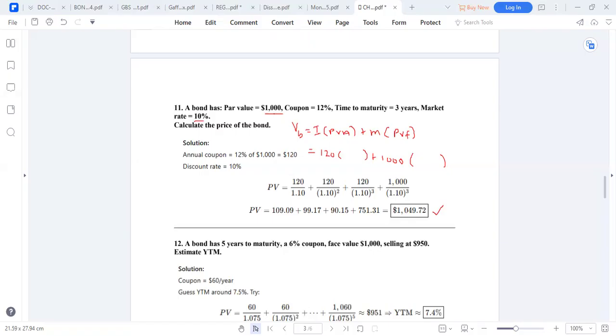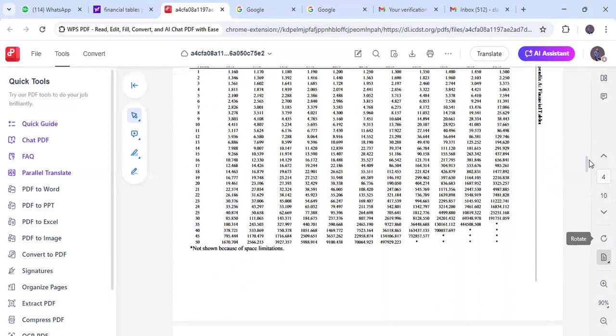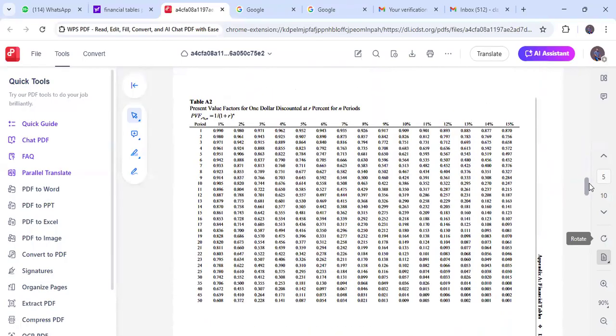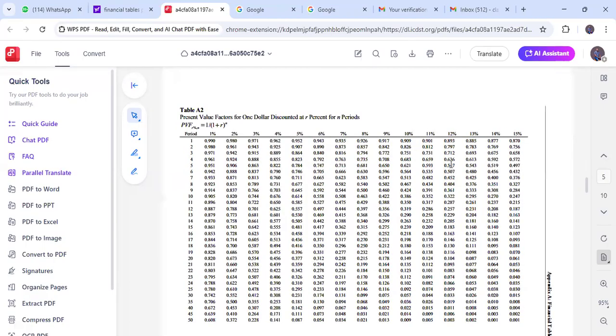I hope you can see the tables here. So you check on the present value tables, not the future value. So you go to the present value table, 10% under 3 years. Here we have 0.751. Are you able to see where it's coming from?